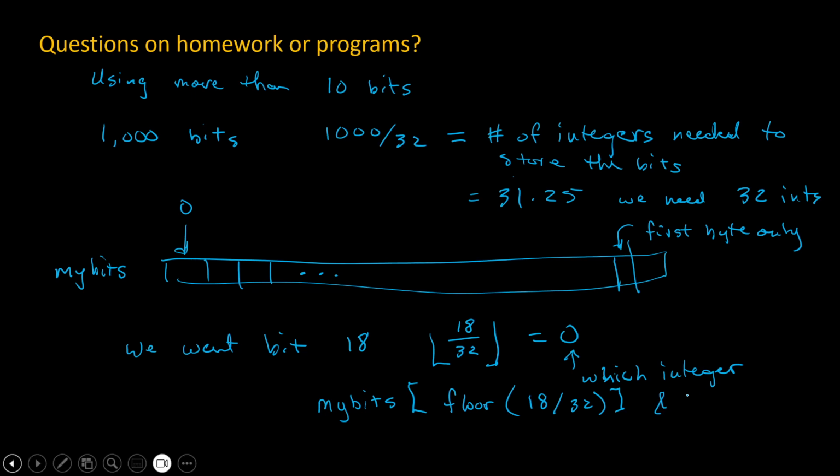So are we starting numbering our bits from 0 or from 1? We're just saying we had 1,000 bits. Do we want to index from 0 or 1? 0. Okay.